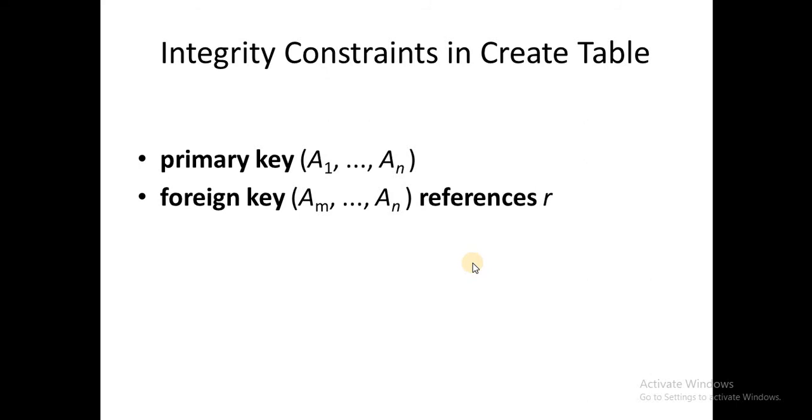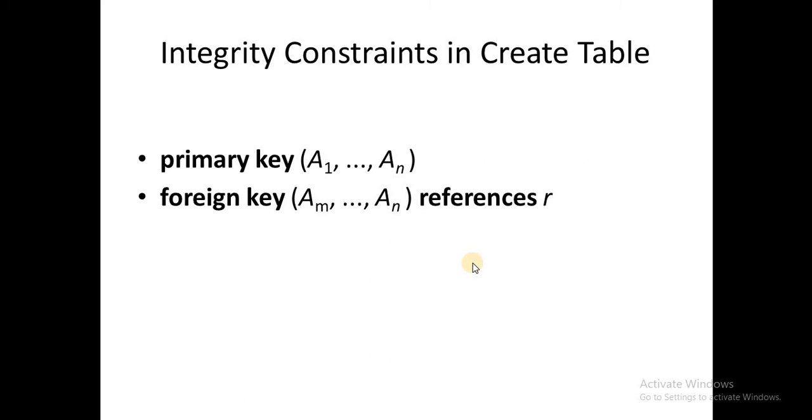Primary key is an attribute which uniquely identifies any record in a relation. Among many attributes, we can designate any one as a primary key, but that key should uniquely identify a record in a relation.